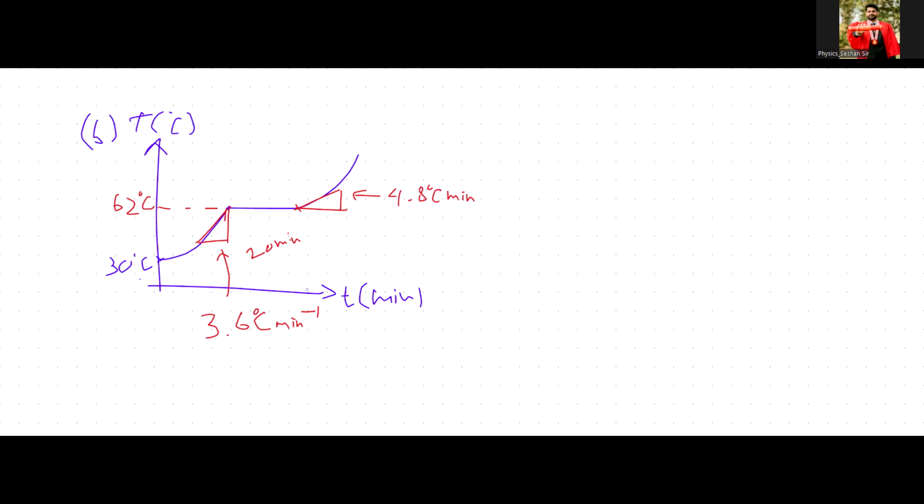This one is that exact value. So the answer should be 62 Celsius, the melting point.